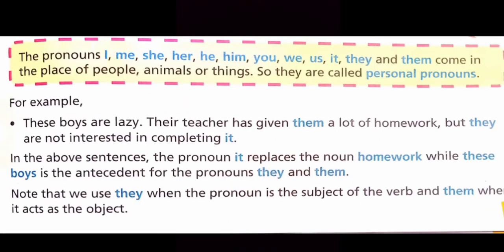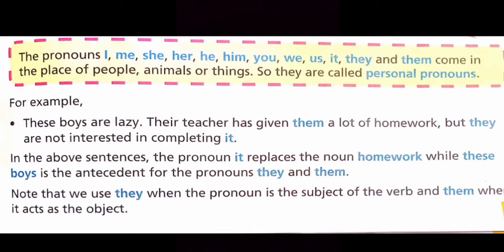The pronouns I, me, she, her, he, him, you, we, us, it, they, and them come in the place of people, animals, or things. So they are called personal pronouns.